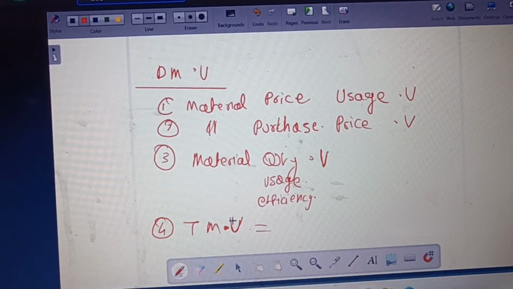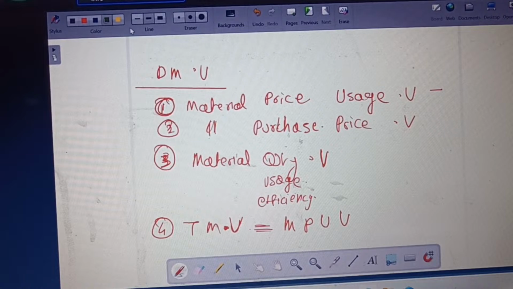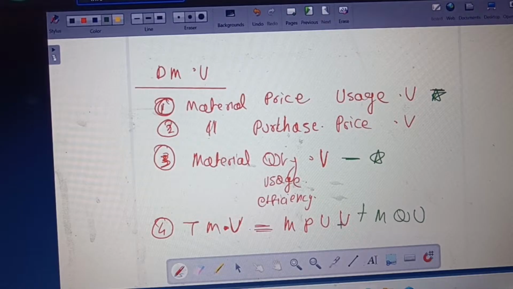So after calculating all this, what we get is the total material variance, which is material price usage variance, that is this amount, plus material quantity variance, that is this amount.